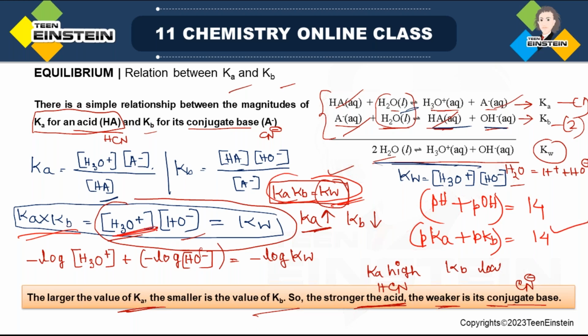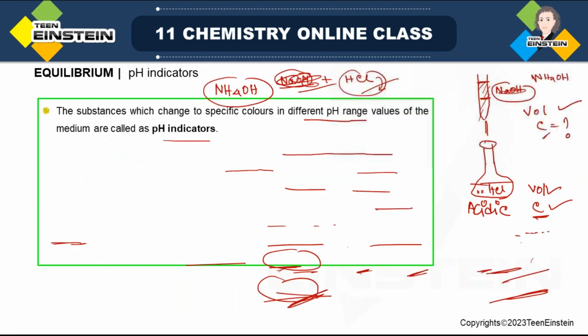And the hydronium ion concentration and hydroxide ion concentration product is also equal to Kw. So when we take negative log of H3O plus and negative log of hydroxide ion, that is also equal to 14, because here also on the right hand side we have minus log Kw. So this is the thing I would like to mention in this slide.